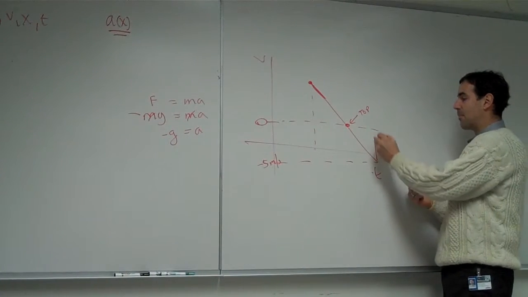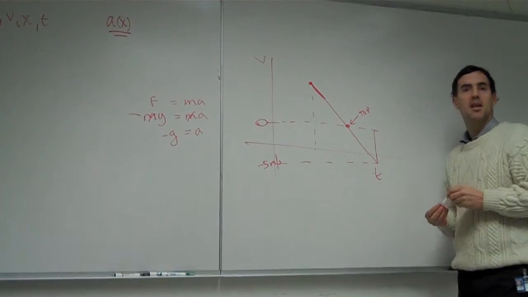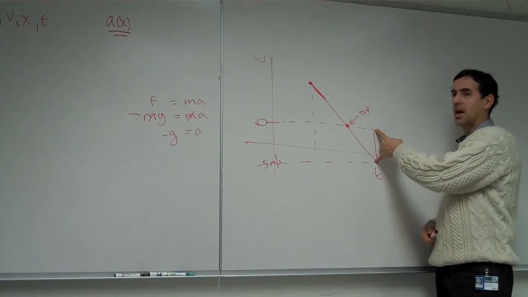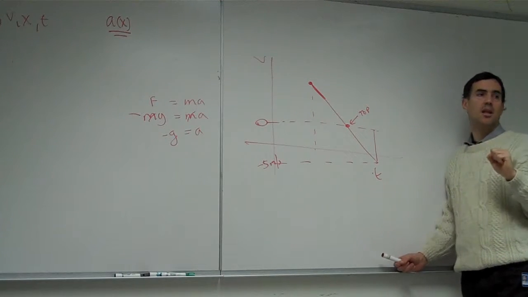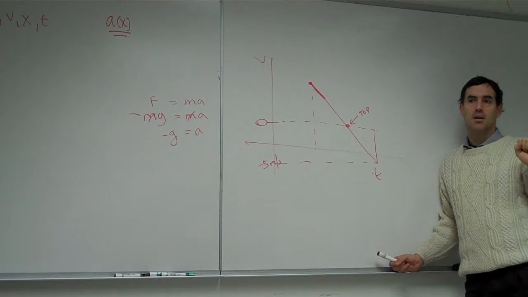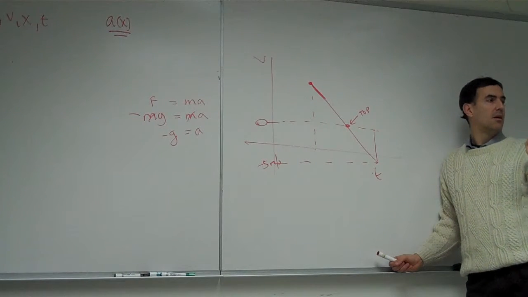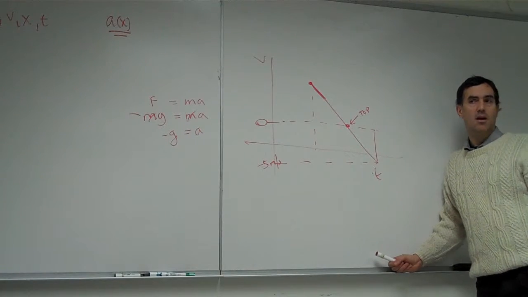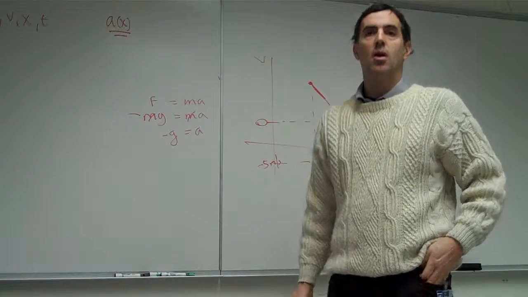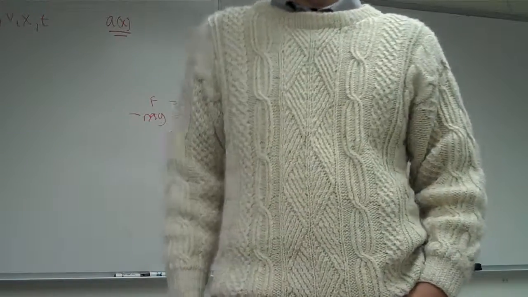If I came to a stop instantly, my acceleration would be the change in velocity, negative 5, divided by 0 time. So my acceleration would be what? What's 5 divided by 0? It would be infinity. So I have an infinite acceleration. What force would be necessary to produce an infinite acceleration?